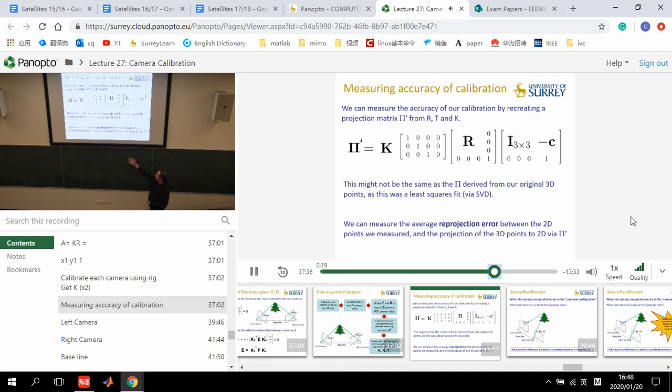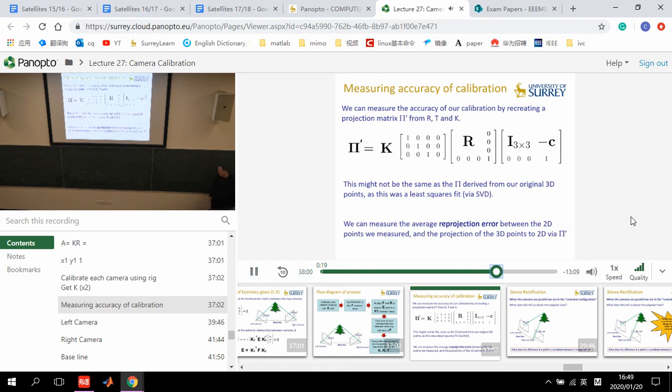Again, here's the equation for the camera projection matrix. I'll call this one pi prime because this is a matrix that we have compounded together using this format that we've used all along, but this time we're populating our C with our estimate for T, our R with our R, and our K is our intrinsics for that camera.